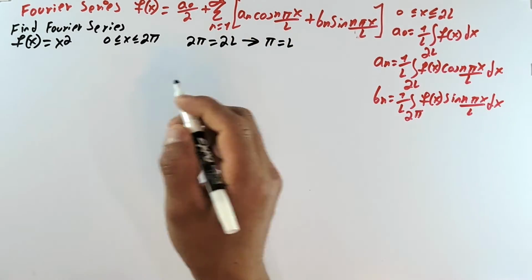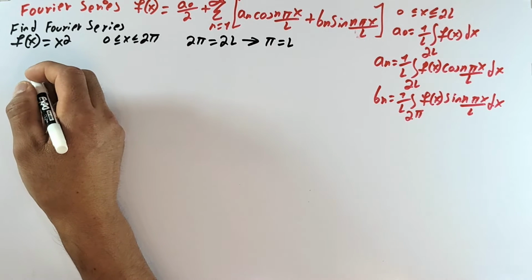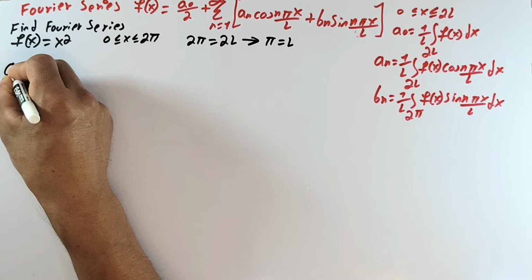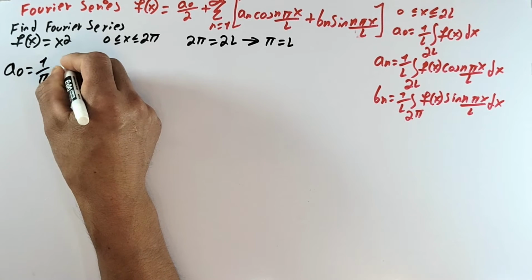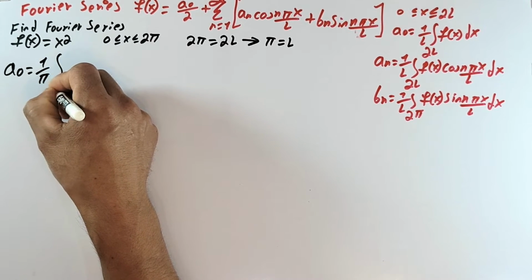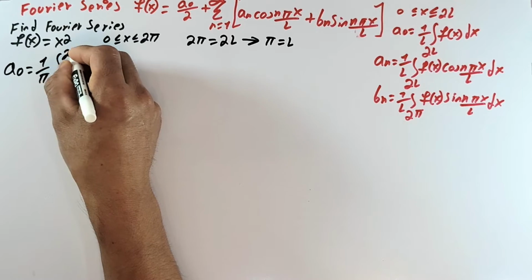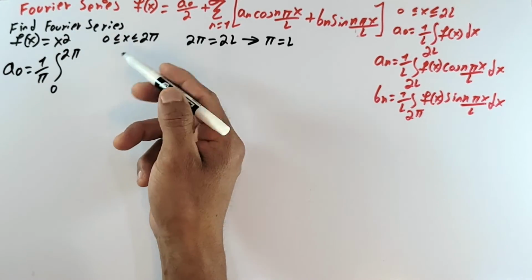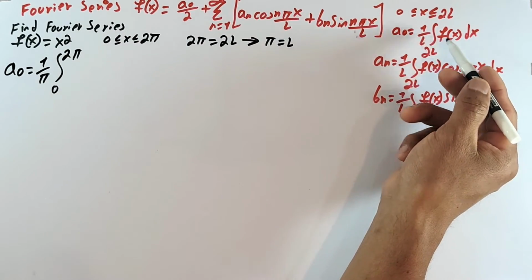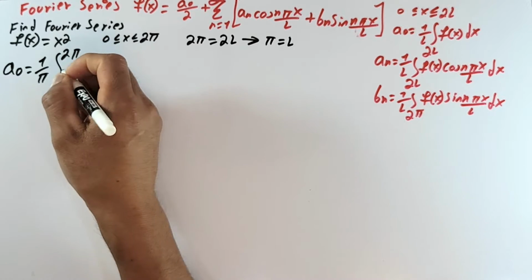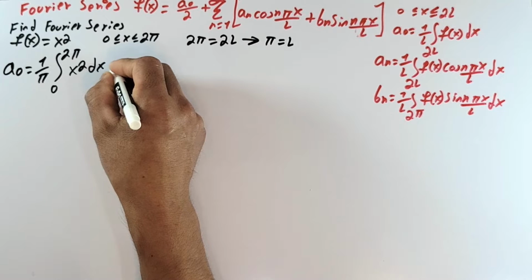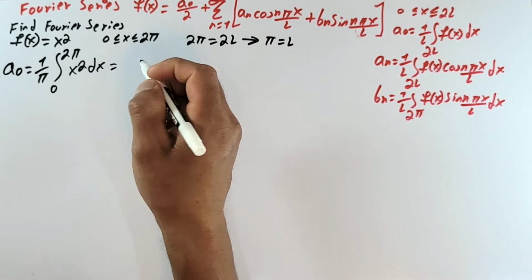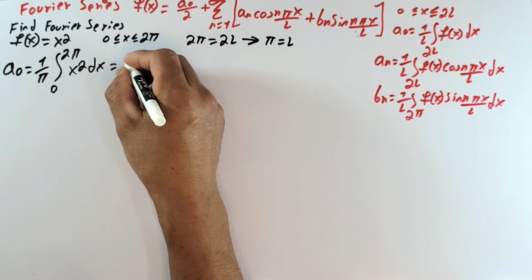It's given by this formula, and we have that a0 is equal to 1 over pi integral from 0 to 2 pi of f of x. What's f of x? It's equal to this. So it's x squared dx, a very simple integral.